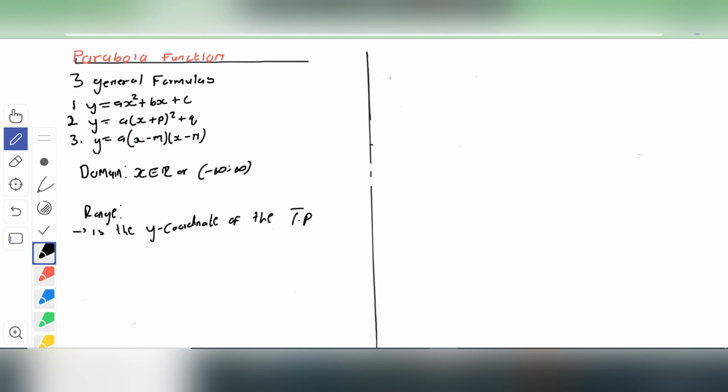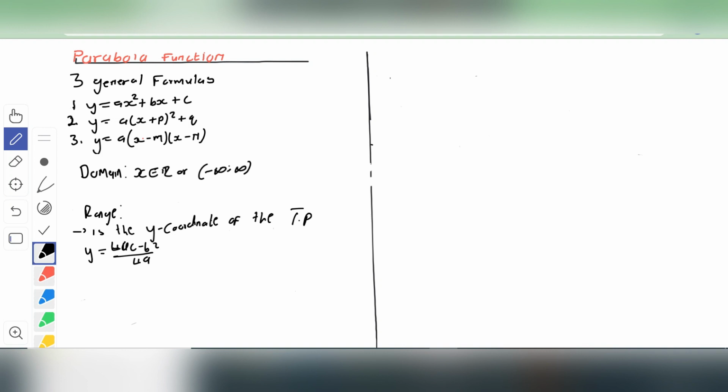How do we calculate the y coordinate? You can use this formula: y is equal to 4ac minus b squared, all over 4a.